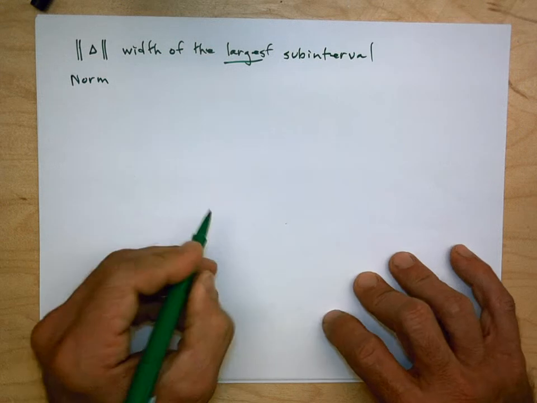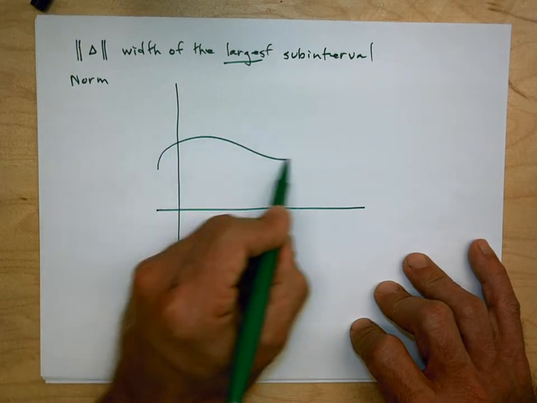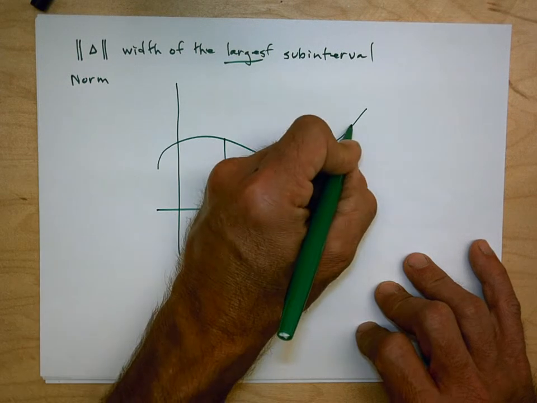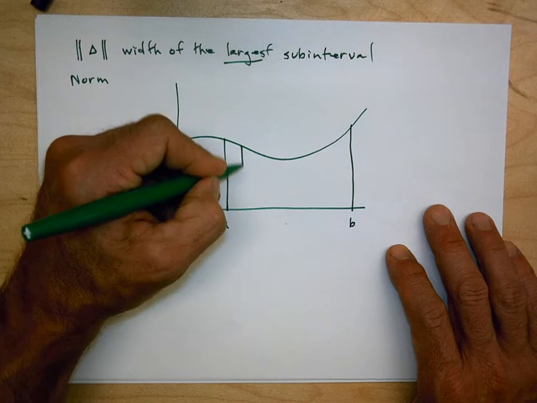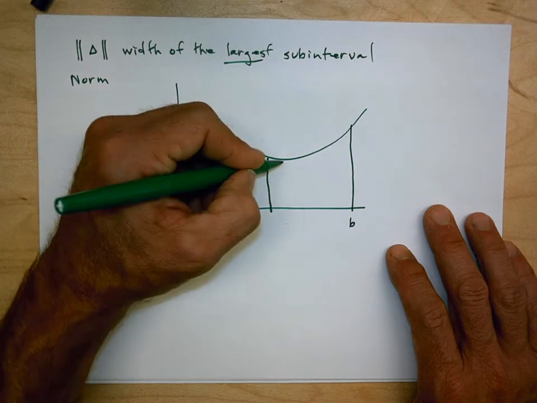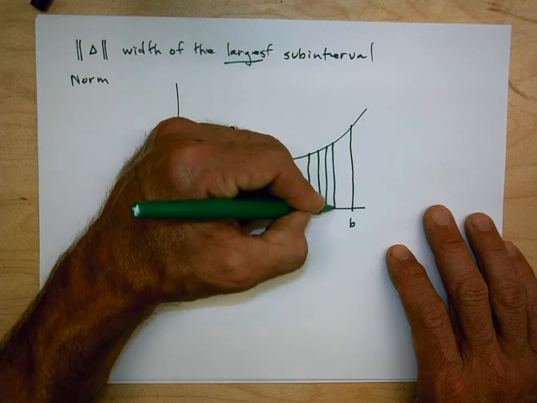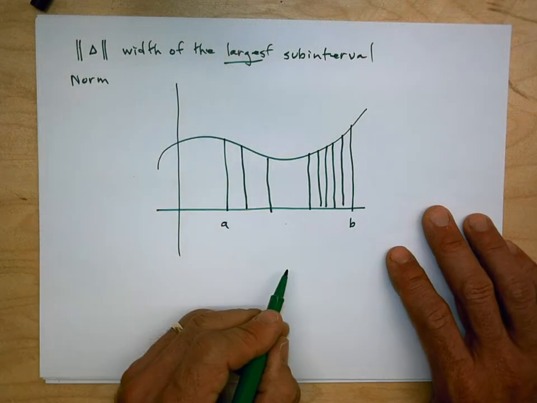Let's draw our picture one more time. So I have something like this. We went from A to B. I can put one in here, I can put another one like this, I can put another one here, I might put a whole bunch in right here. They don't have to all be the same width.